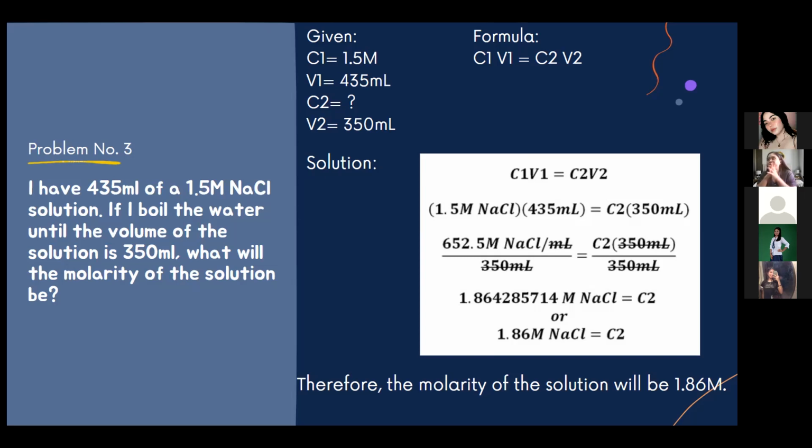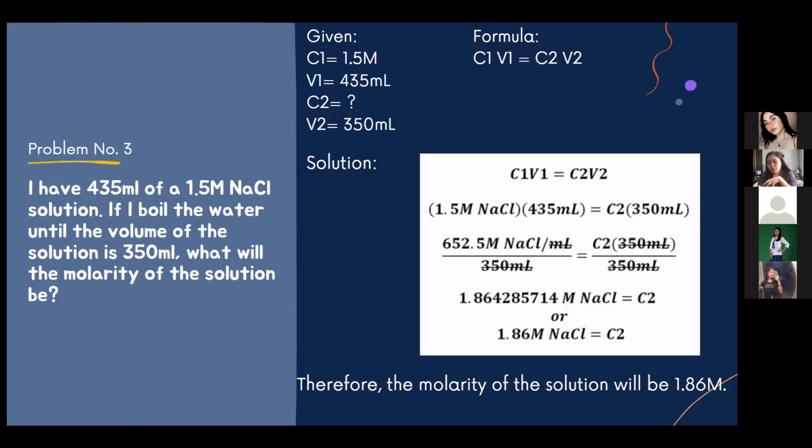If the volume decreased, what now will be the molarity of the new solution? Though, as we said earlier, this is not really a dilution problem, we can still use the formula C1V1 equals C2V2, because you still have the first concentration, which is 1.5, and the volume is 435.